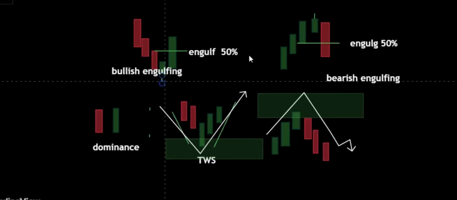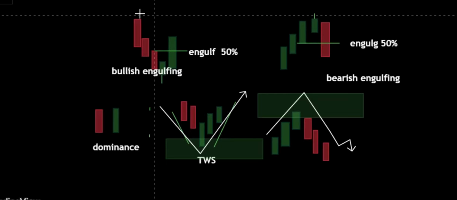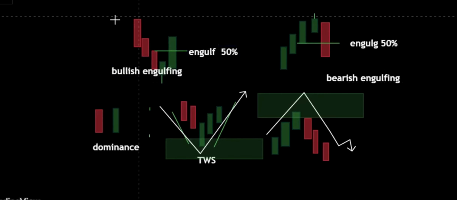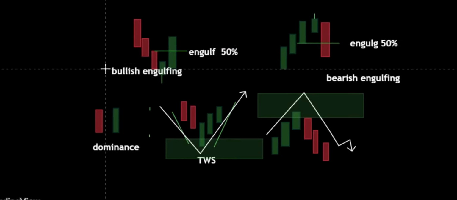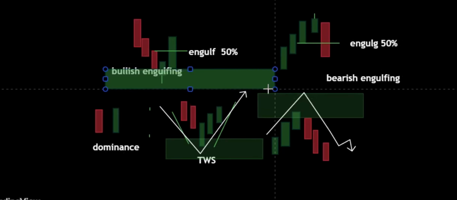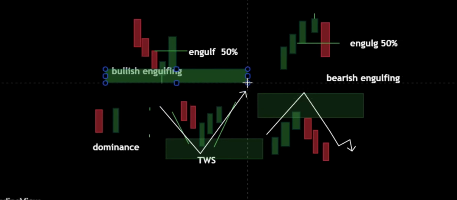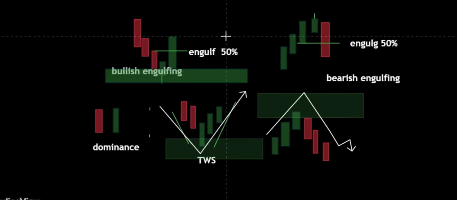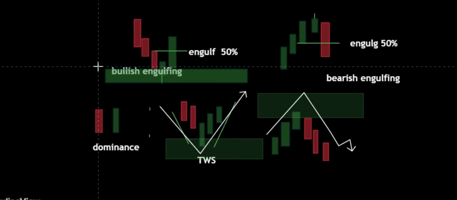It may be a black cross, and this is called a bullish engulfing. When the market is coming down with the formation of these candles, it's at a support and it starts going up. It engulfs. Why does it engulf?